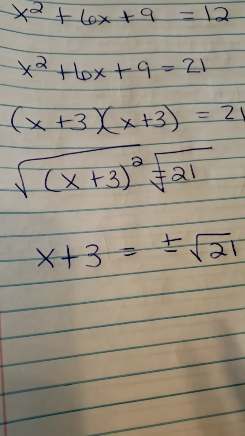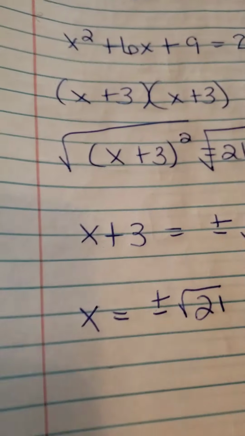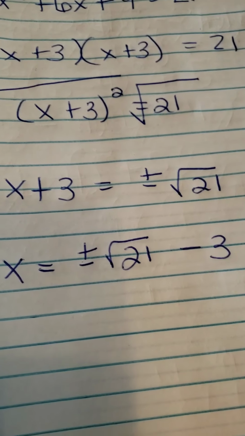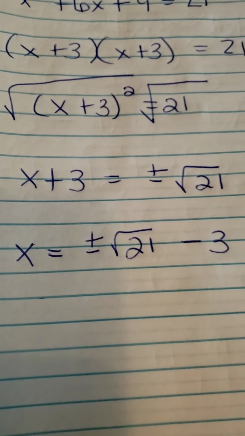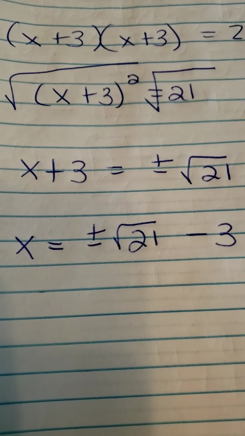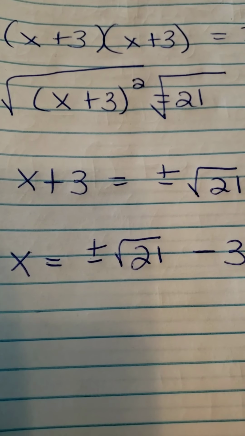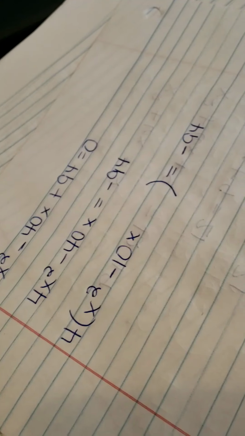All right, and then I'm going to actually move the 3 to the other side. All right, so for my answers here, then I'm going to have x is equal to plus square root 21 minus 3 and minus square root 21 minus 3. All right, and I am done with that one.